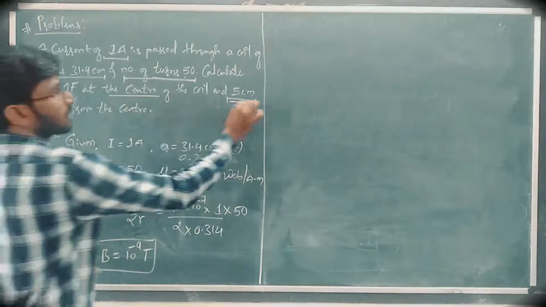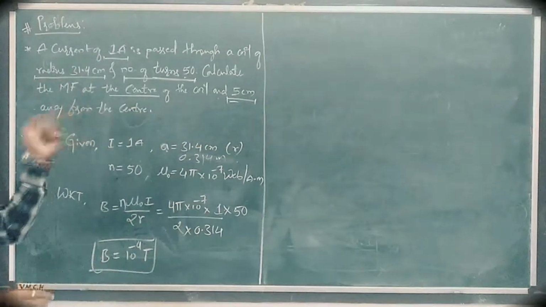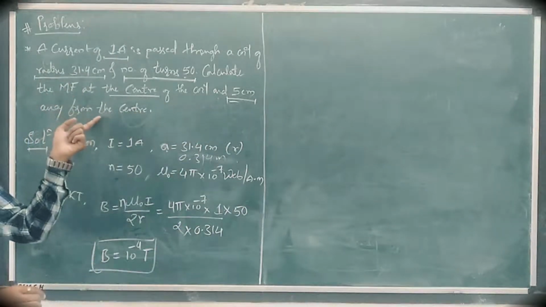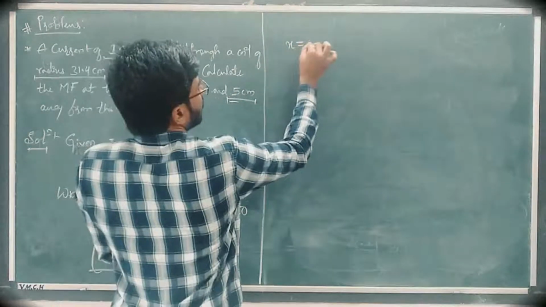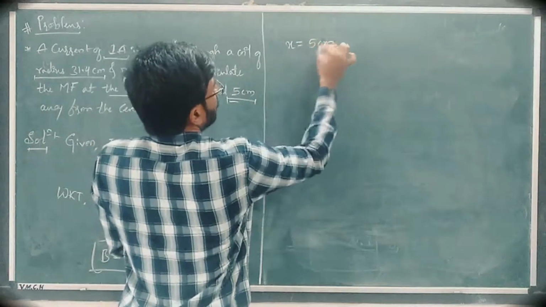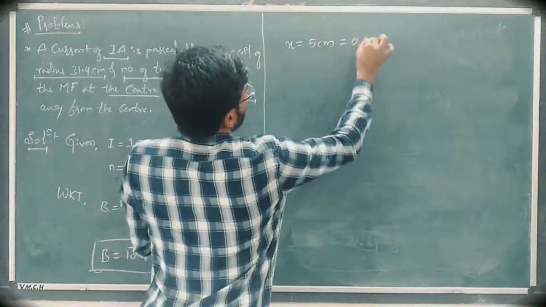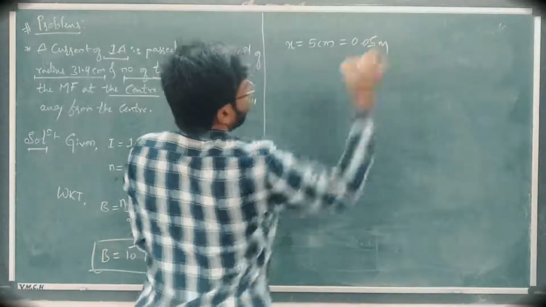In the second case, they have given the distance away from the center, 5 centimeter. So x is equal to 5 centimeter, which you may write as 0.05 meter.